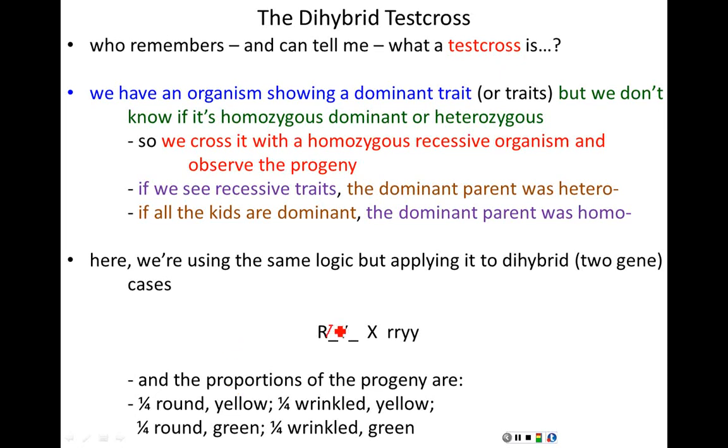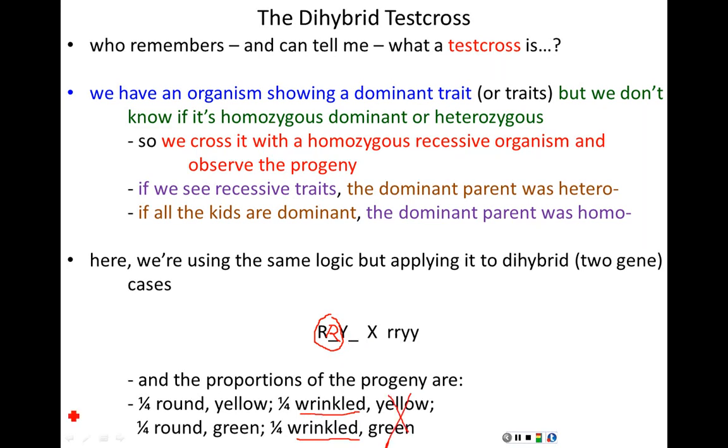If this parent were homozygotic dominant, every single one of the offspring should be round, because this parent would only have dominant round alleles to contribute. But look, we see that half of the offspring are wrinkled. Disregarding seed color, half of the offspring are wrinkled.